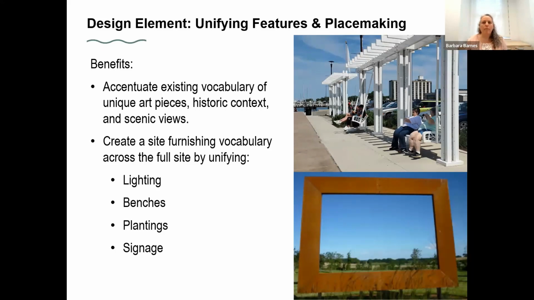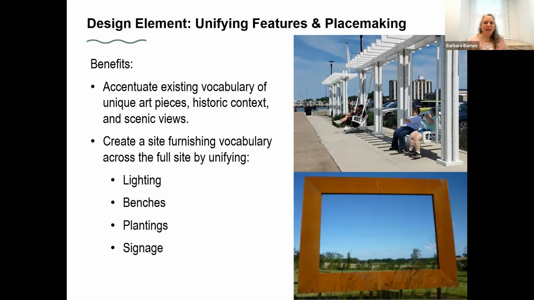There's already some art in the park, but maybe expanding that art program into something that's iconic for Ossining, that either captures the views within the park or celebrates the history. But also very simply, there are about three or four different types of benches in the whole project area.